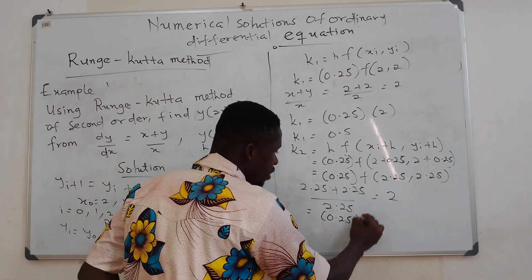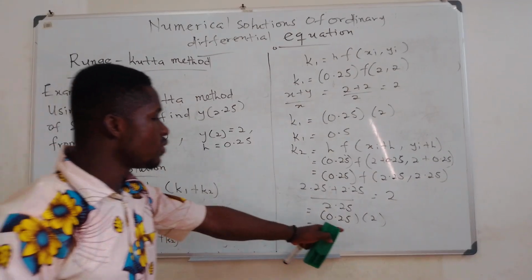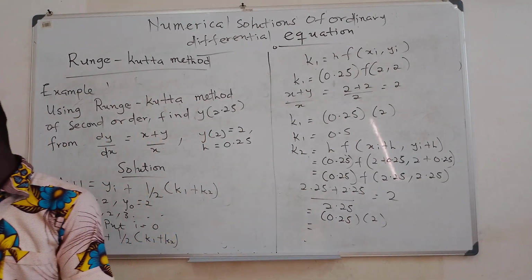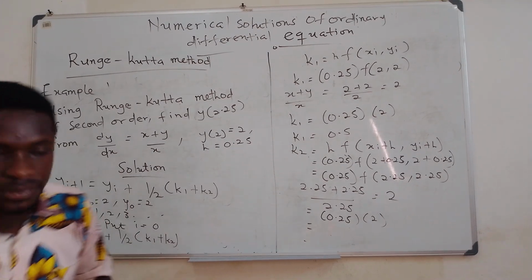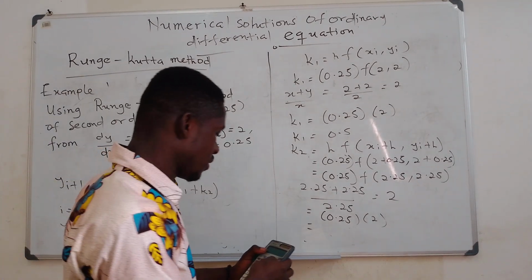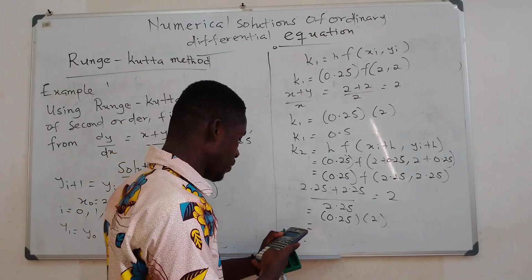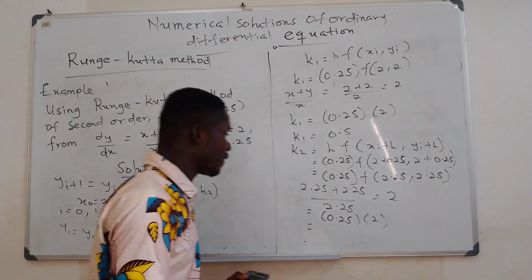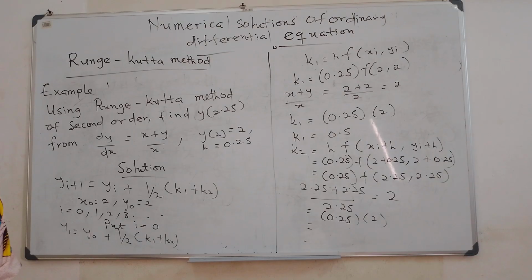So now 0.25 multiplying 2, the answer is 0.5. You're getting 0.5. Very good.